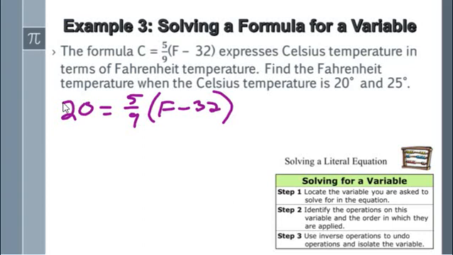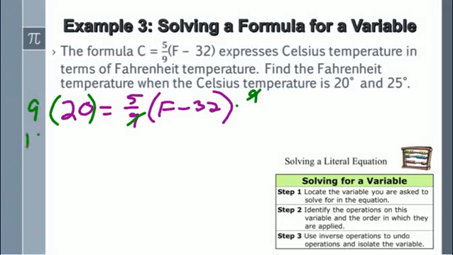Now here, there's a couple ways of doing this. If you don't want that fraction on this side here, we don't want a denominator, we can multiply this side by 9. If I multiply all this side by 9, that cancels this 9 out. But that means I got to multiply this side by 9.